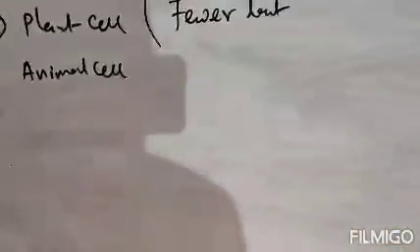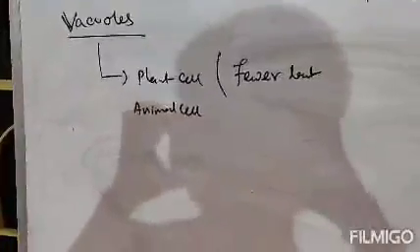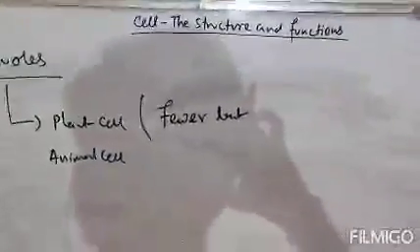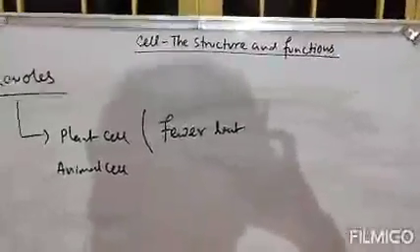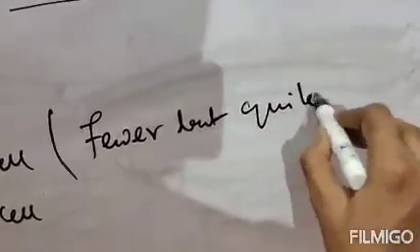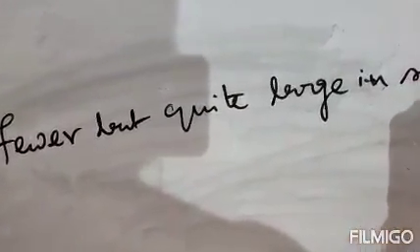But they are quite large in size. In case of plant cell, very fewer numbers of vacuoles are present, but they are of quite large size. So we will write very fewer number, but quite large in size.